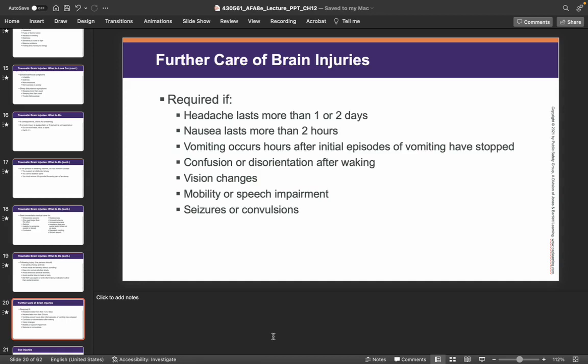Again, confusion or disorientation after physical activity, vision changes, any type of mobility or speech impairment, and then seizures and/or convulsions. Let's go see the doctor right now.